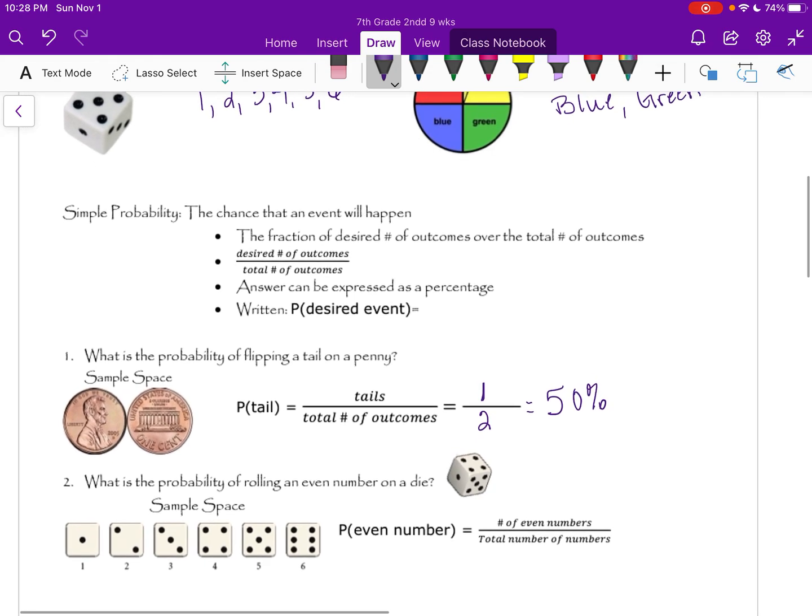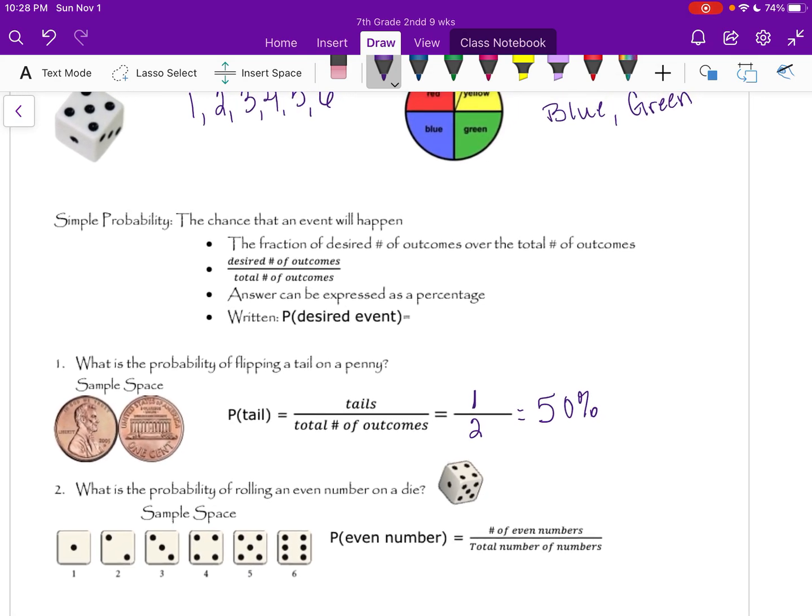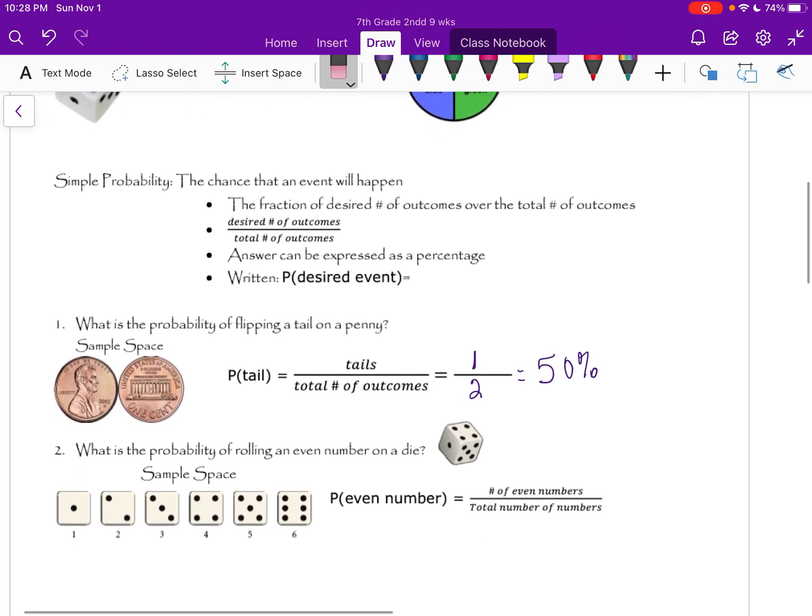Number 2 is, what is the probability of rolling an even number on a die? Here's our sample space, that's all the things that can happen. We can get a 1, 2, 3, 4, 5, or 6. The probability of rolling an even number equals the total number of even numbers over the total number of numbers.